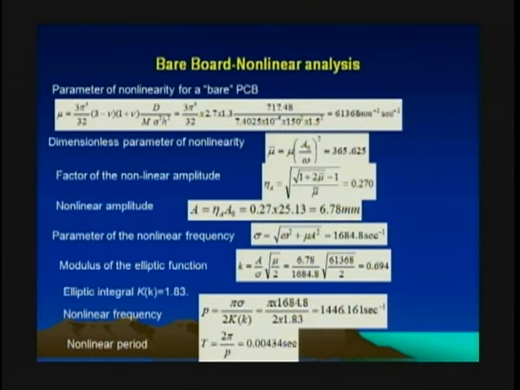But in this case, there is a substantial difference between the parameter of nonlinear frequency and the nonlinear frequency itself. Of course, not by an order of magnitude at all, just by 20% or something. The parameter is 1684, and the frequency itself is 1446. But the nonlinear period of vibrations is very, very small compared to the linear period.